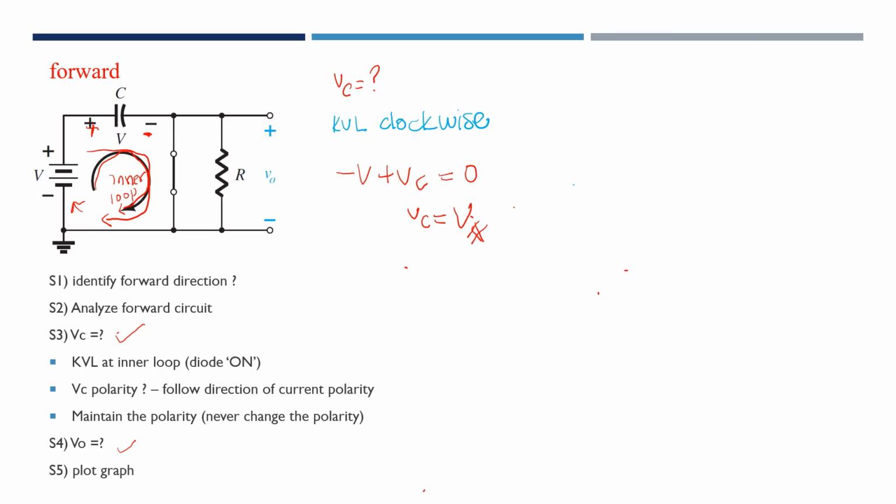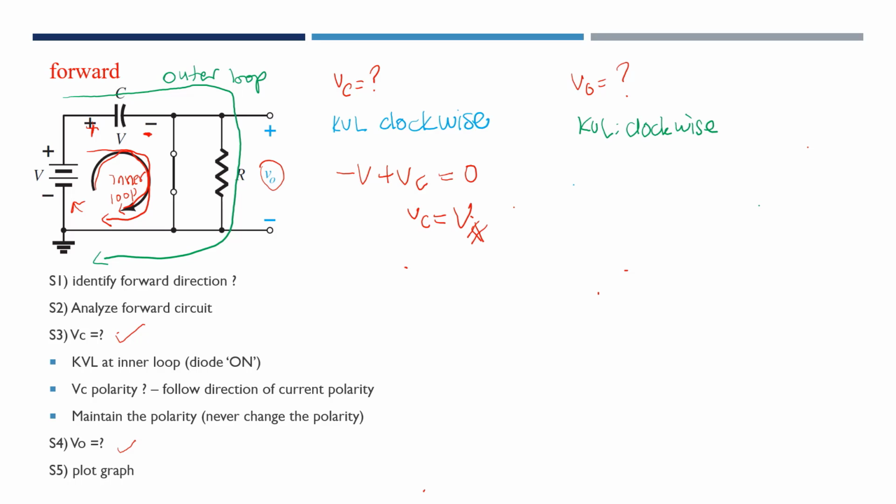V out must be analyzed from the outer loop. Because we want the V out here, we analyze it from the outer loop, which is here. The current from positive to negative, we call it the outer loop. By using KVL clockwise, we get negative V plus VC plus V out is equal to 0.